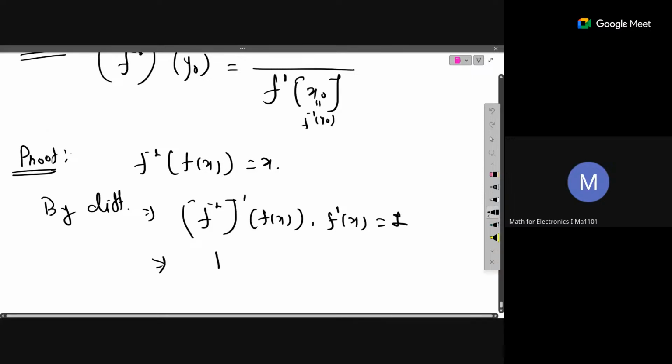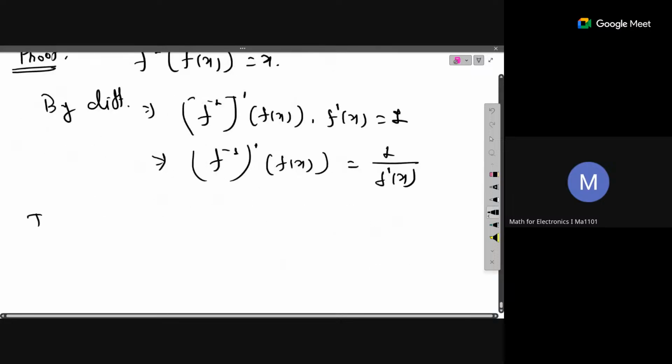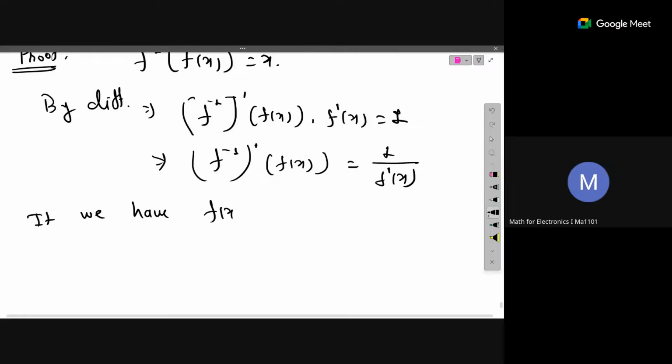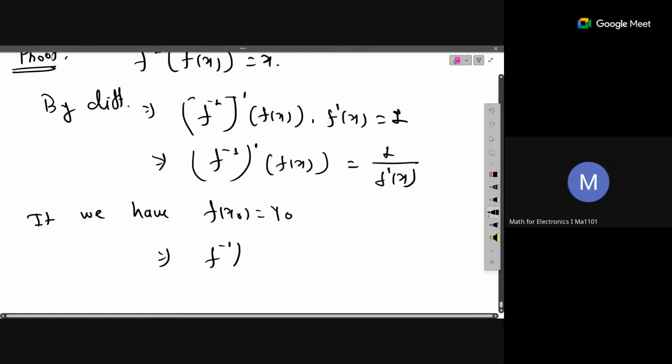So this will imply f inverse's derivative at point f of x is equal to 1 upon f dash of x, right? So here if we have f of x naught is equal to y naught, then it will imply that f inverse's derivative at f of x naught is the same as 1 upon f dash at x naught, right?